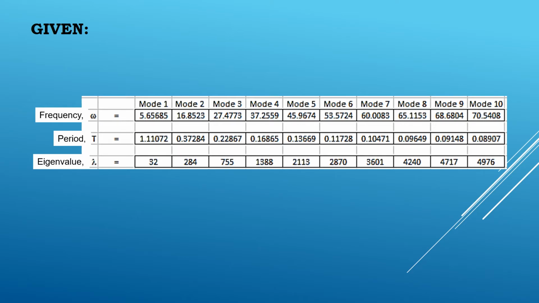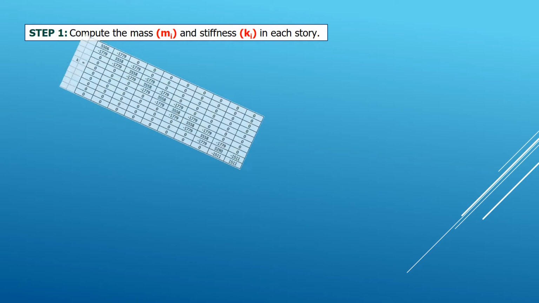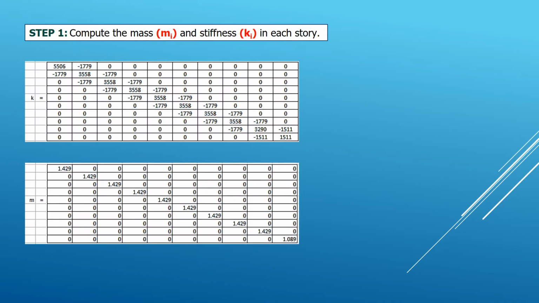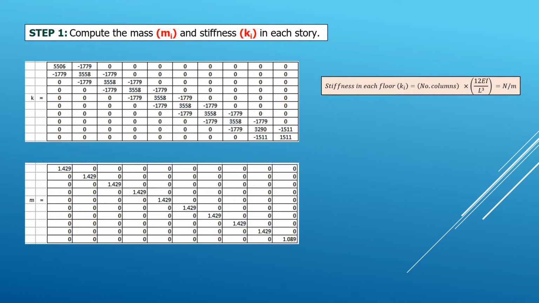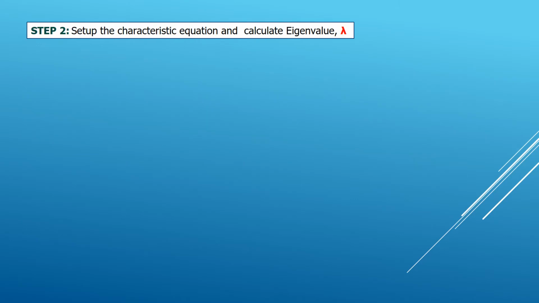So later on, we will know how to come up with that result. Step 1. Compute the mass and stiffness in each story. So the stiffness and mass are given. So here are the formulas. Since given naman siya, di na siya kailangan i-solve.